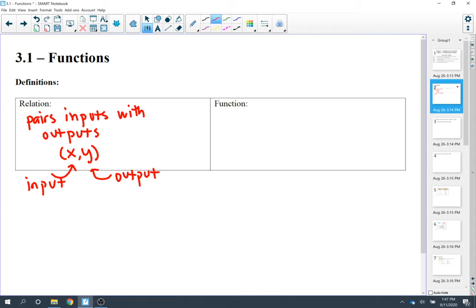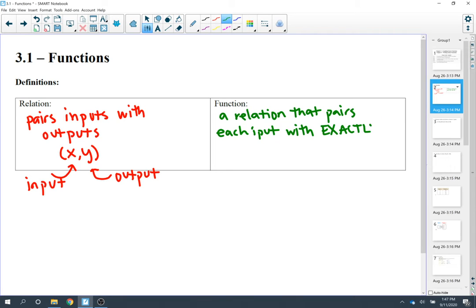Now, specifically, when we talk about a relation, something that pairs an input value with an output value, a very, very special type of relation is what we call a function. A function is a relation that pairs each input with exactly one output.